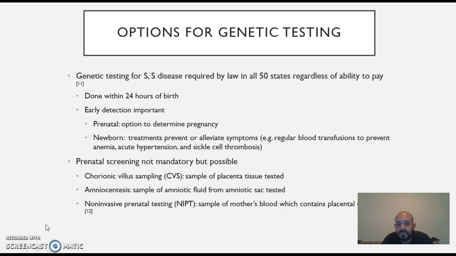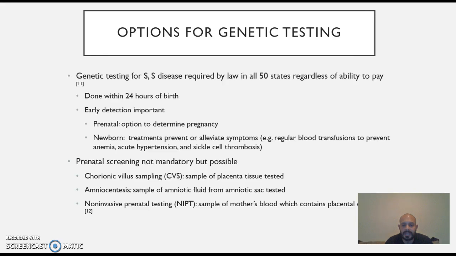So the options for genetic testing. Genetic testing is required in all 50 states to test for sickle cell disease, and it's either paid by insurance or Medicaid. And if you don't have either, it's still mandatory, and you can still get it at a hospital.